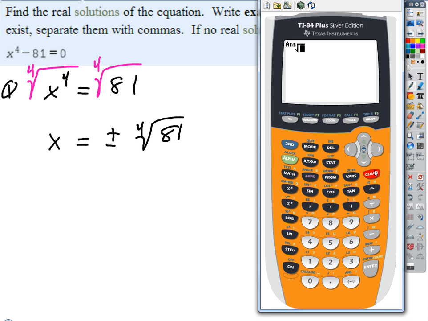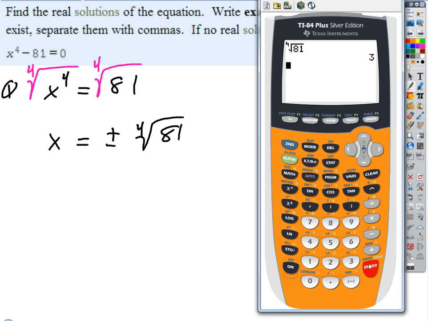So if I want to do a 4th root, I would just say 4, and then I would go math, and whatever number I just put in becomes the radical. So I would do number 5, and see where the 4 goes? It's the index of the radical. Now I do 81, and I get back the answer 3. Okay? So that's how you can do it on a calculator.